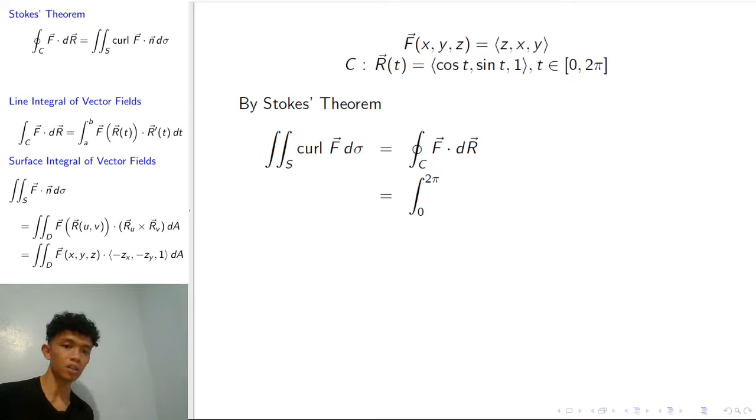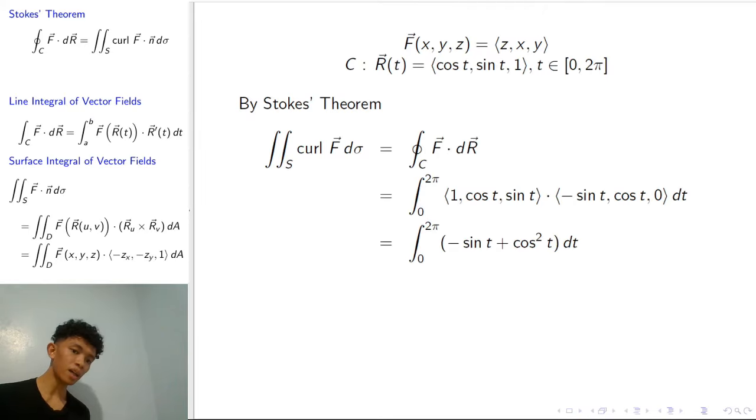So for instance, you'll have z to be 1, x in the second component will become cosine t, and the last component will become sine t. And of course, this will be dotted with the derivative of your parametrization r, which in this case happens to be negative sine t, cosine t, comma 0. If you take the dot, you'll just get negative sine t plus the square of cosine of t, integral still running from 0 to 2 pi.